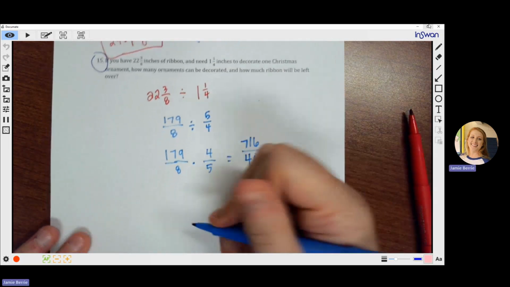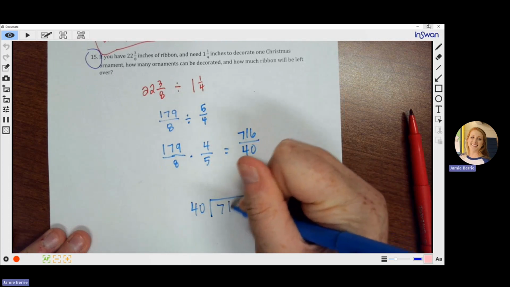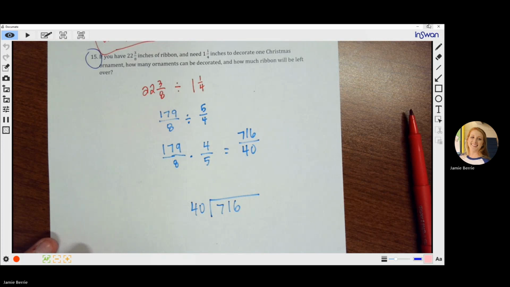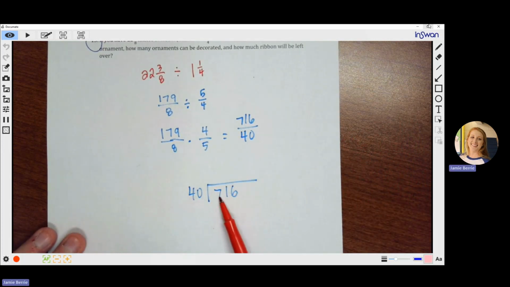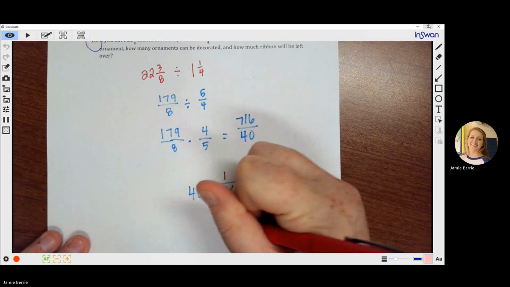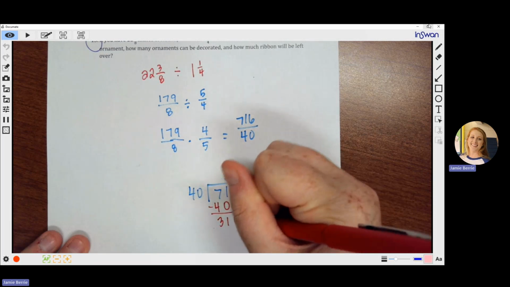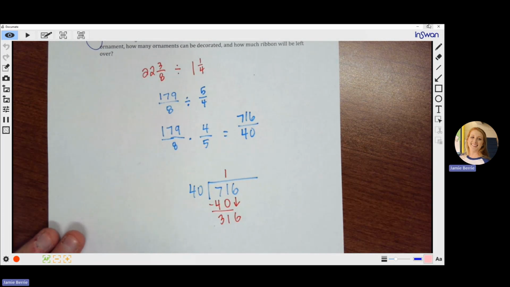All right, so let's do long division to figure out how many ornaments we can make. All right, so 40 into 7, that doesn't work. 40 into 71, that can go in one time. Subtract off 40, leaves us with 31. Drop down the 6. Let's see, 40 into 316. I'm just thinking 4 times 8 is 32, so it's probably 40 times 7.